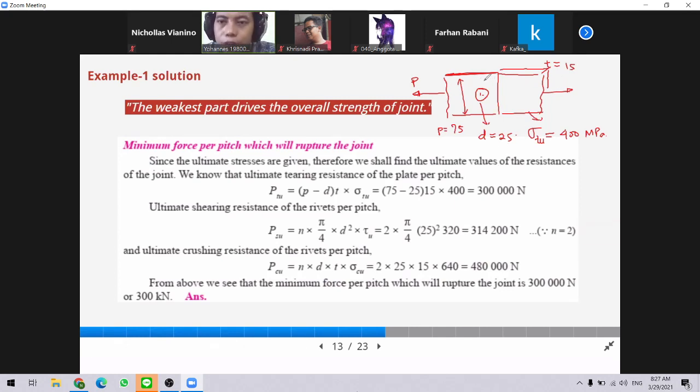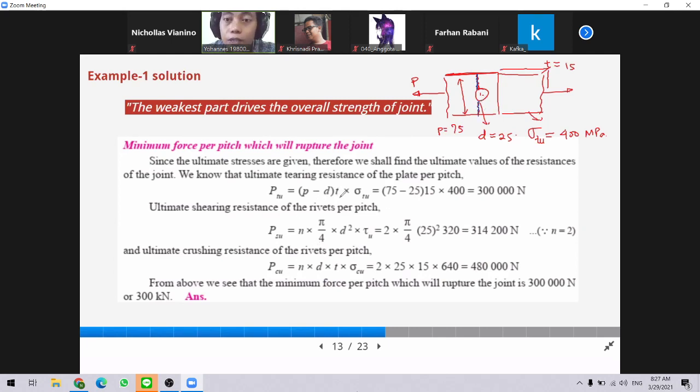Okay, so the first failure mode is the tearing of the plate. Here we have the tearing of the plate.